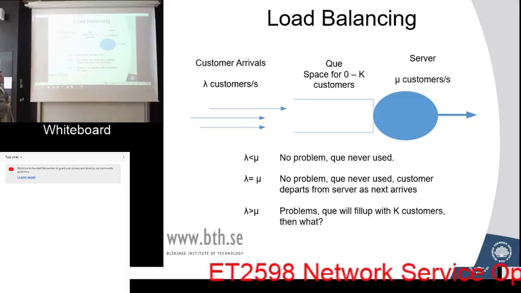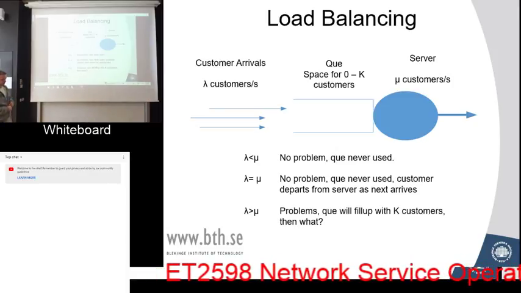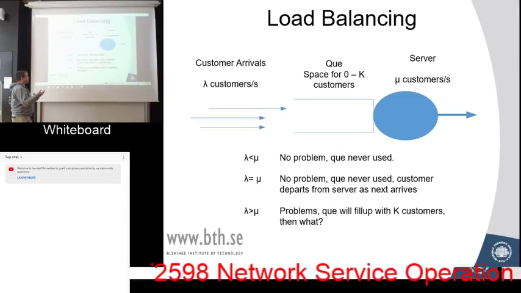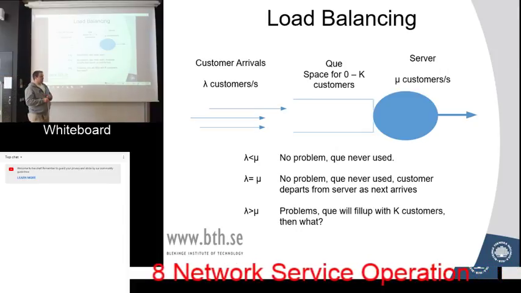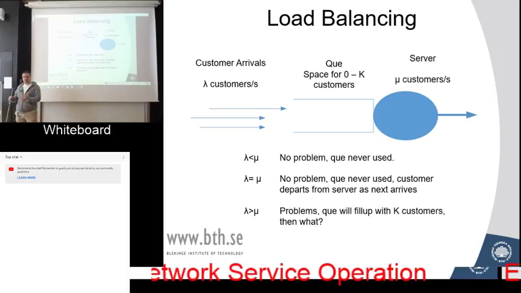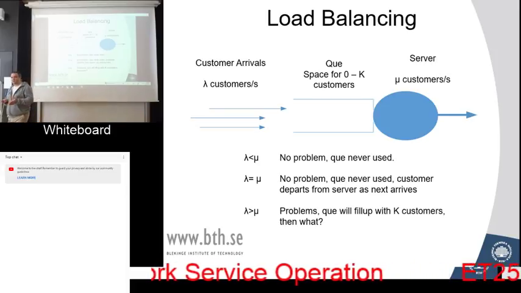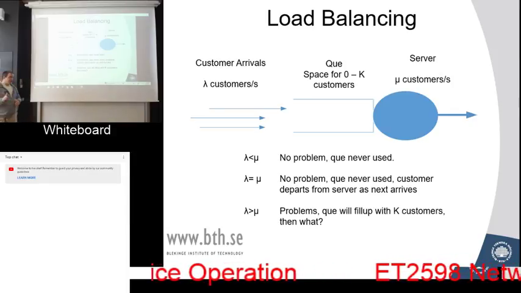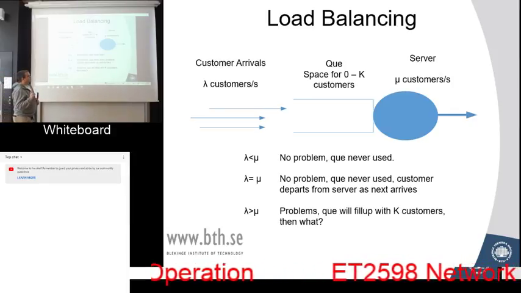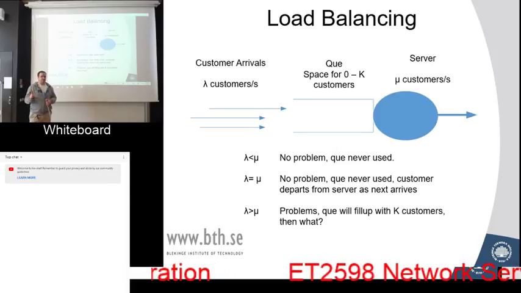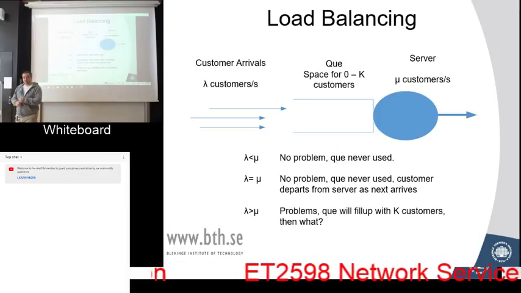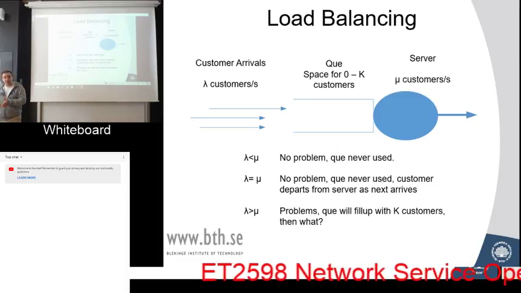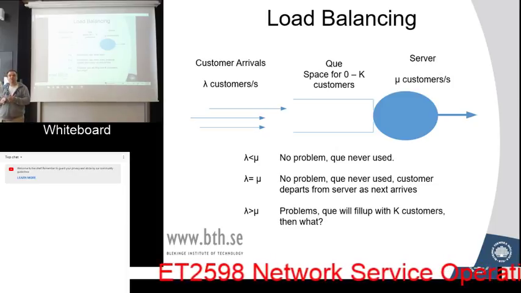In this case, mu customers per second. The queue can hold customers that are not currently in the server being treated. The server can only handle one customer at a time. It can be really fast, handling them really quickly, but it's only one customer at a time.